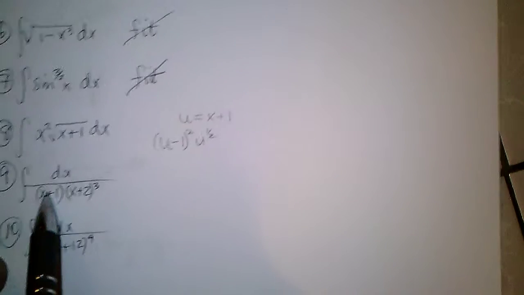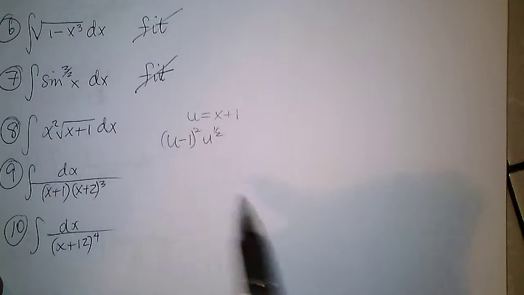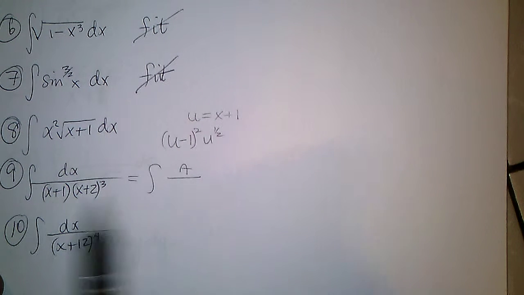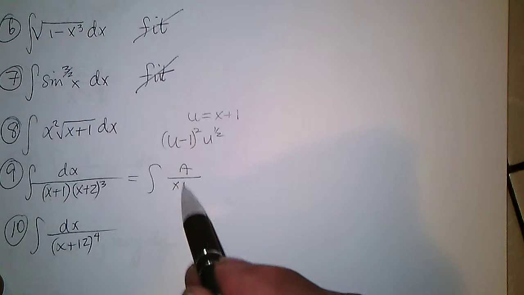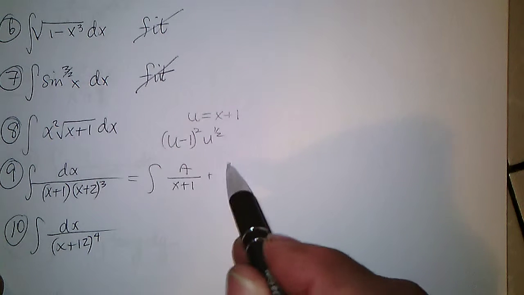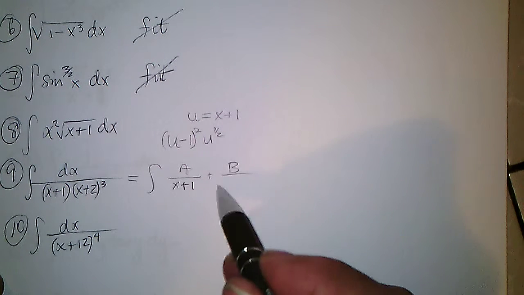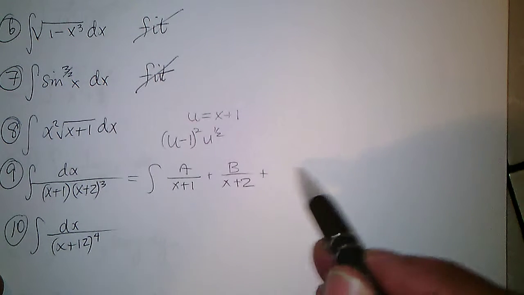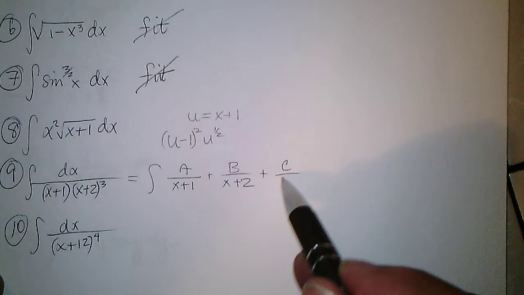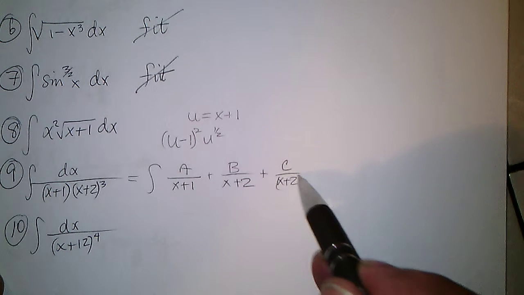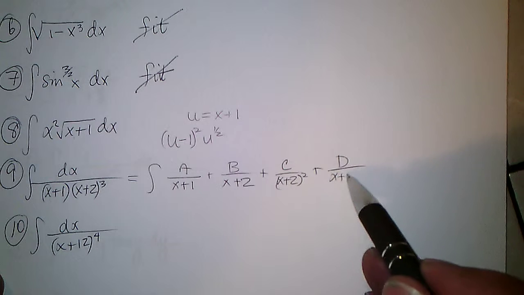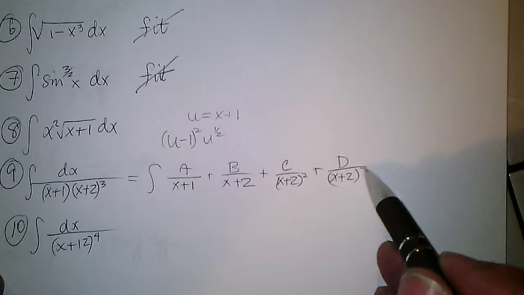This one, number 9, looks like it's a partial fraction one. So we'd set it up as the integral of a over x plus 1 plus b over x plus 2. And since this happens 3 times, we'd have to have a couple more here: c over x plus 2 squared plus d over x plus 2 cubed.